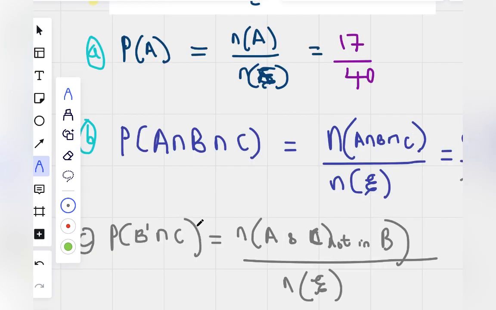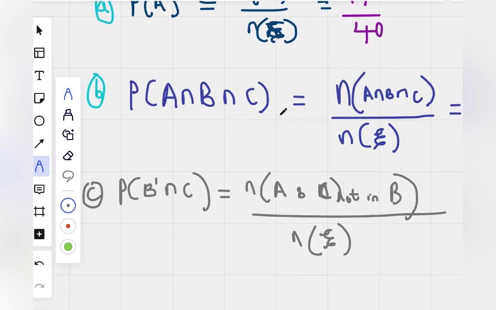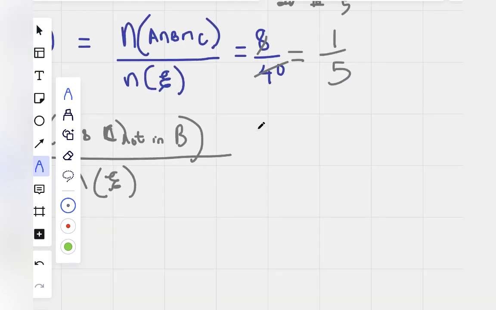So if you sum up A and C that is not in B, you get 1 plus 4, which is 5. So this is equal to 1 plus 4 over 40, right? This is equal to 5 over 40.